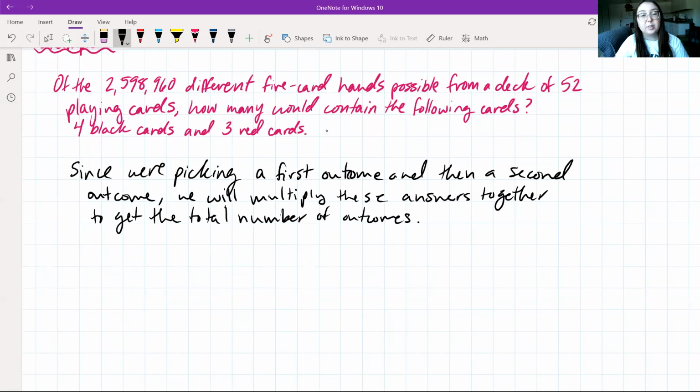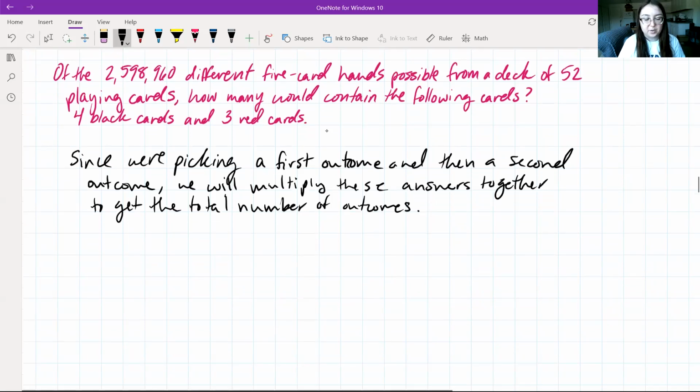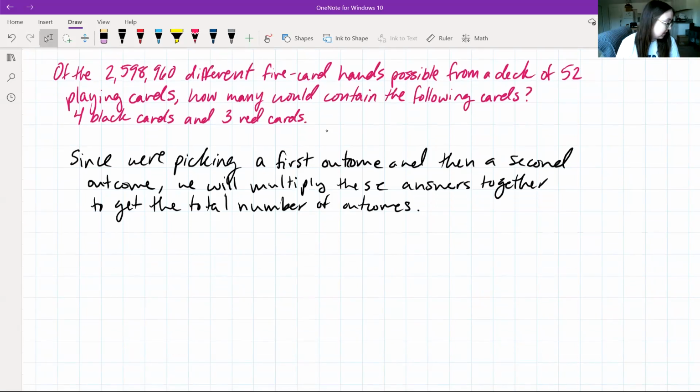So remember earlier when we said that if you want one thing and another, you have to multiply your outcomes together. If you want one or another, that's when you would add them together. So we want 4 black cards and 3 red cards, so we need to multiply the answers that we get for each case.